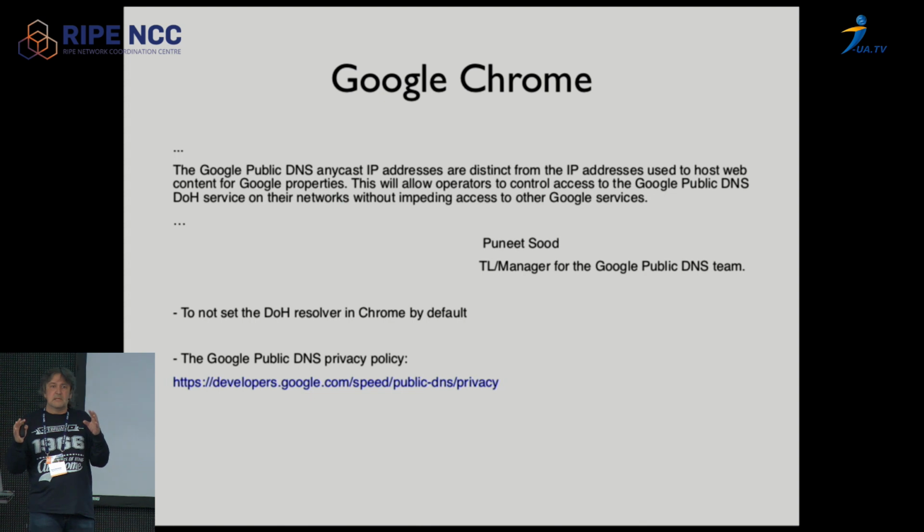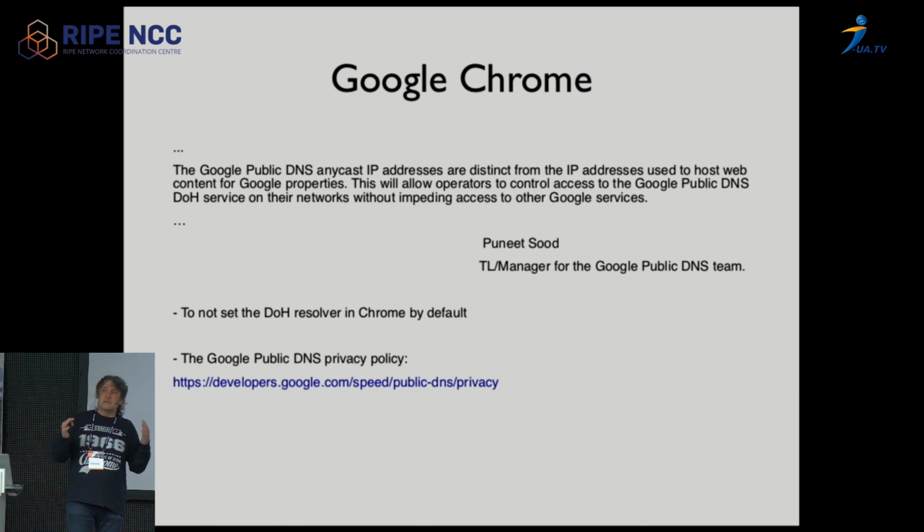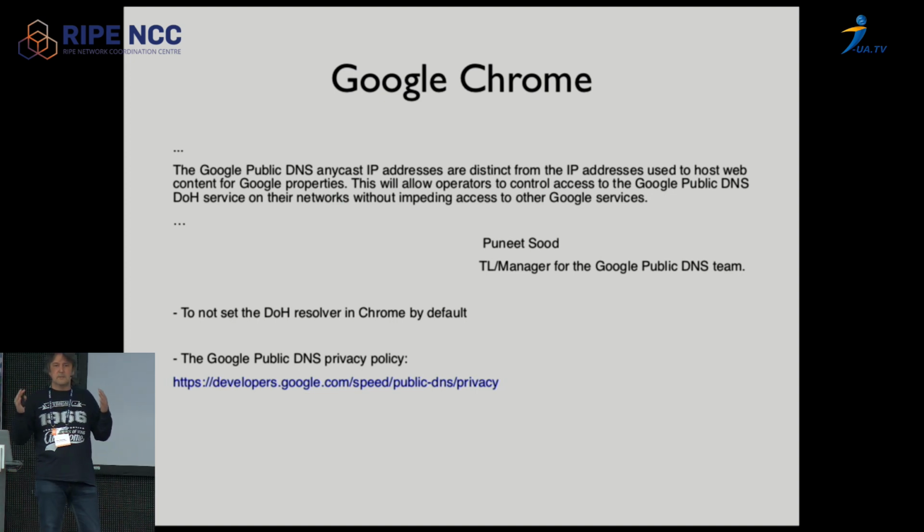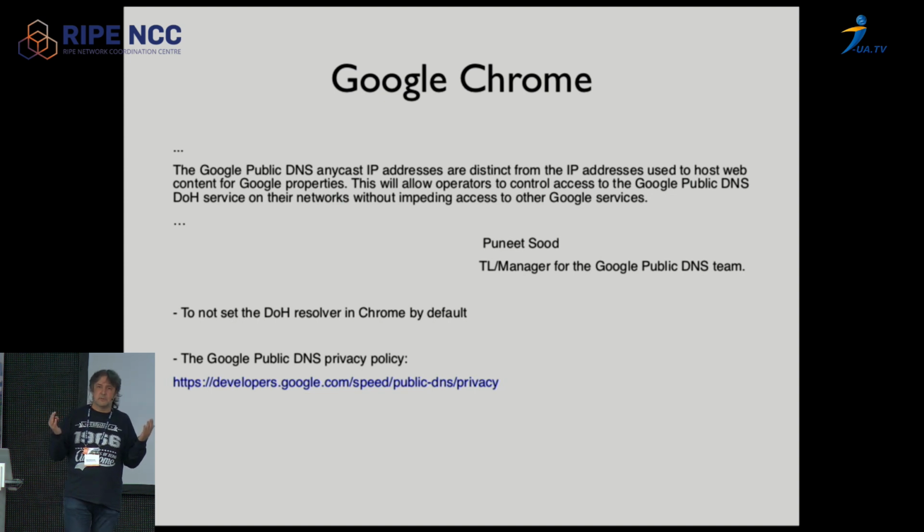The problem is that you can block as an ISP if you do not want to provide access to DNS over HTTPS. You can block an IP address, but you cannot block a port, because if you block the port, your users will not see the web.